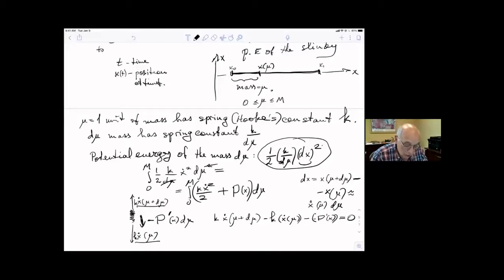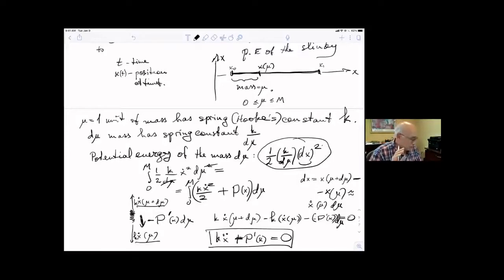This has to be zero times d mu. And divide by d mu, and take the limit, you get k x double dot equals minus or plus p prime. Anyway, the point is, you see, we got the Euler-Lagrange equation by a high school argument, basically.